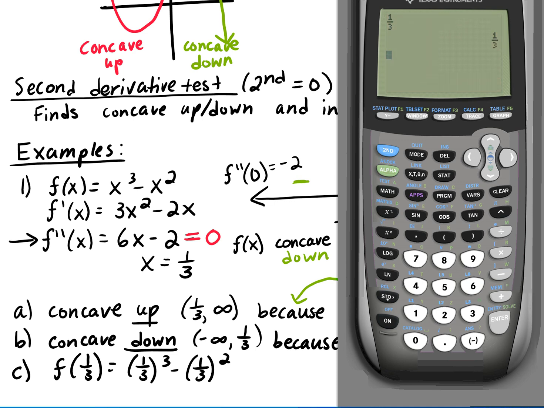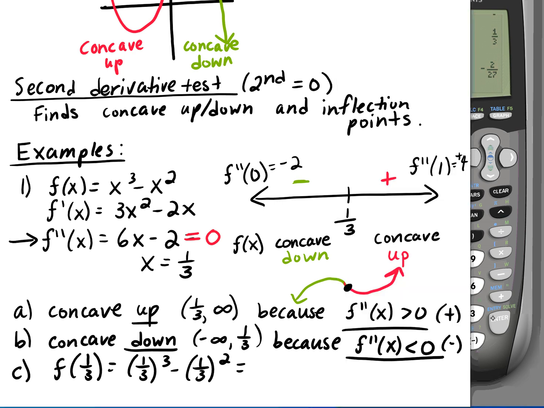And then you can actually hit STO for store and store it in x. X is the kind of the function that we're working with. And then instead of typing in 1/3 cubed, you can type in x to the third minus x squared, since we have that 1/3 stored in there. Or you can type it in the regular way too. This might just save you a little bit of time.